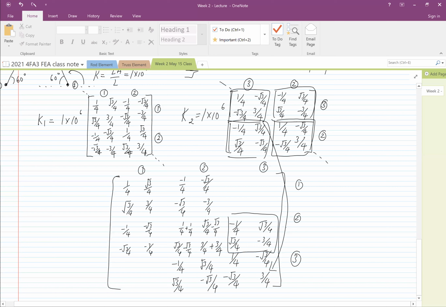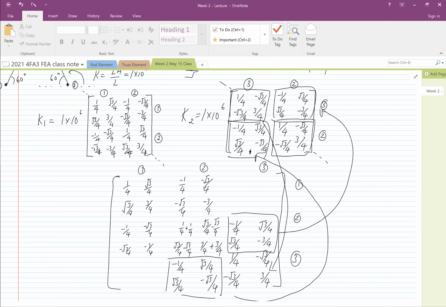This box comes from there. Shouldn't this come from the left hand one? But guess what, they are symmetric. This term and this term are the same thing.